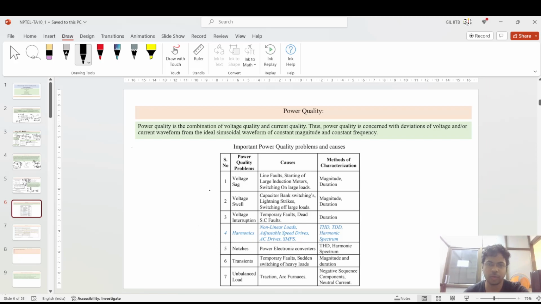Before jumping to the microgrid operations, I wanted to highlight a few of the power quality issues, which have already been discussed in these NPTEL sessions also. Power quality is a major concern. Why? Because you have different kinds of components with different natures.